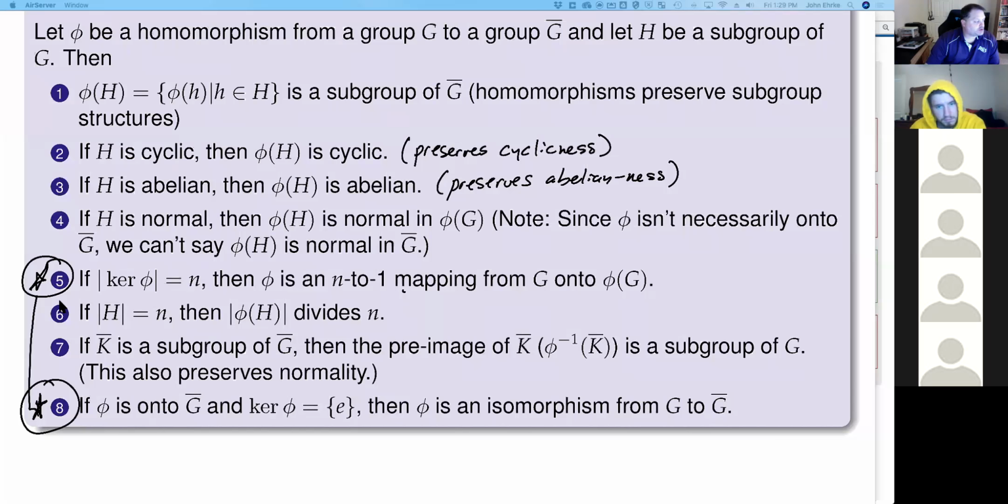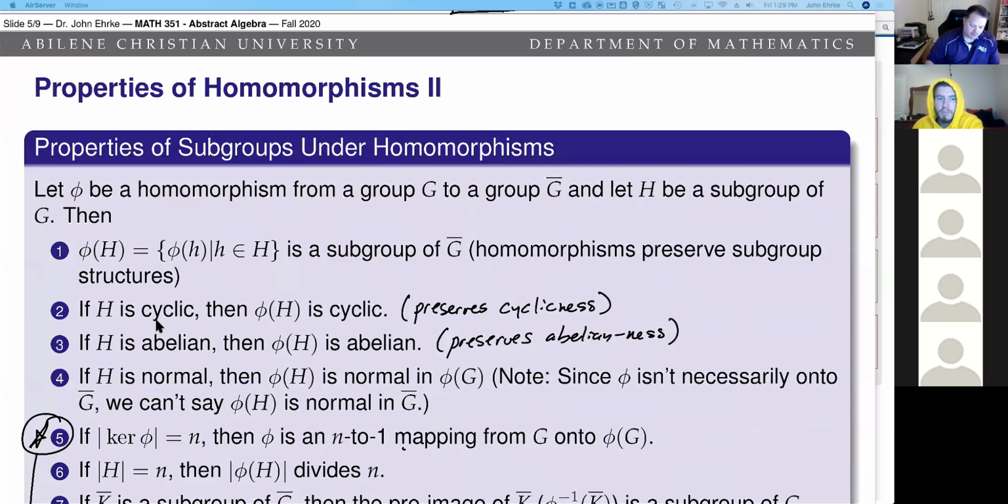So you still need onto, but property 5 gives us 1-to-1. So if you have a trivial kernel and your mapping is onto, then you know you have an isomorphism. So checking how many elements are in the kernel is a way for us to bypass, if you will, having to check 1-to-1. You can simply check that you have a trivial kernel, and that's equivalent to saying that a homomorphism is 1-to-1.